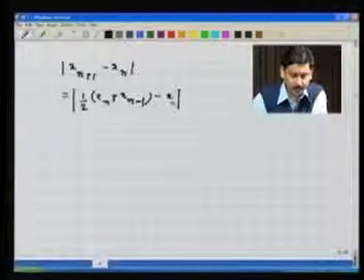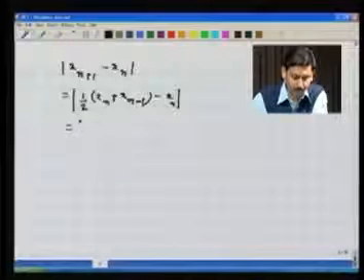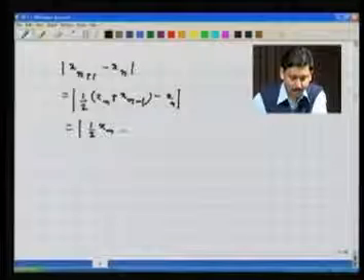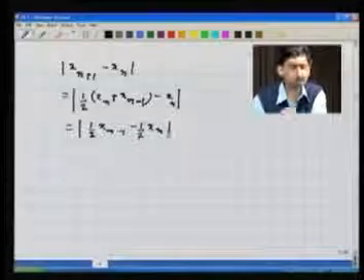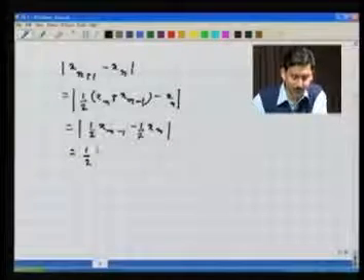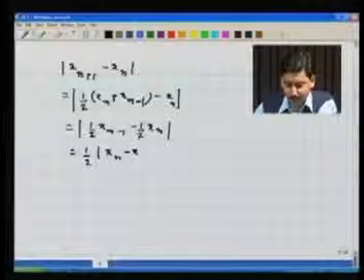That is, I am using the definition of xn plus 1. Well, this is modulus of half xn minus 1 minus half xn. Then I take half common, and since I am inside modulus, I can write it as xn minus xn minus 1.